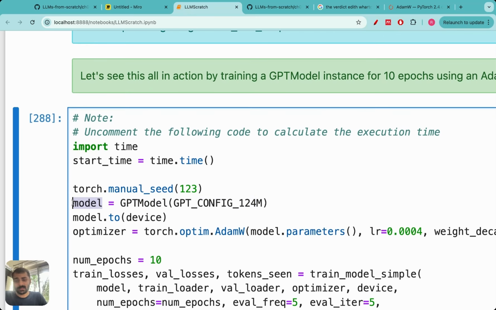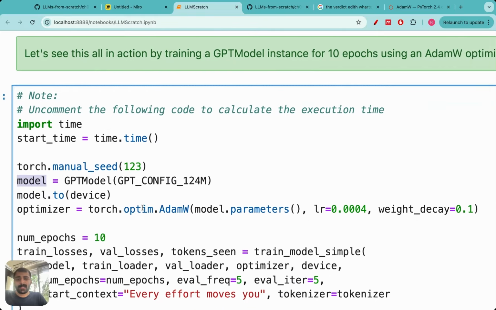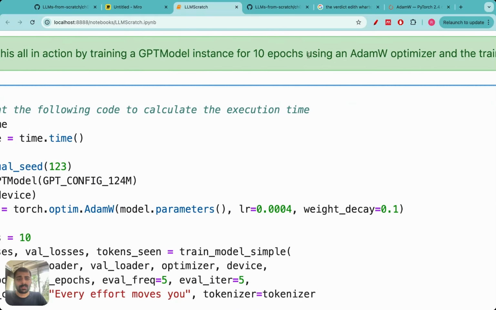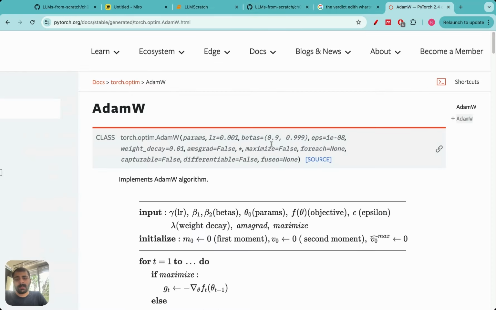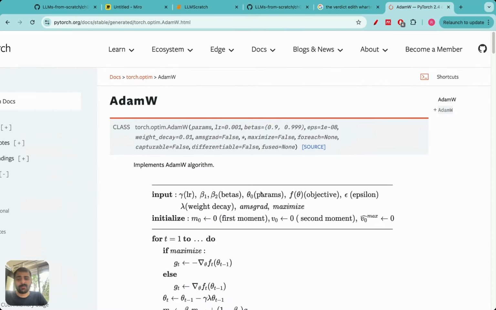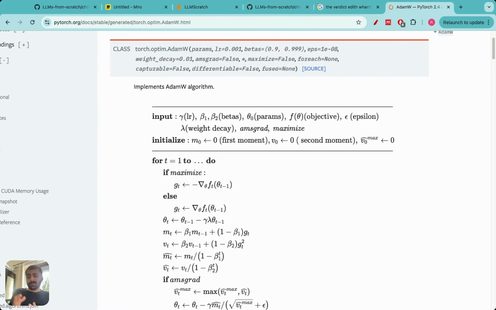So we create an instance of the GPT model class, and the second thing I want to mention is the optimizer. So we are using this optimizer called AdamW. AdamW is a variation of Adam which uses weight decay. If you are not familiar with Adam or AdamW, that's totally fine.